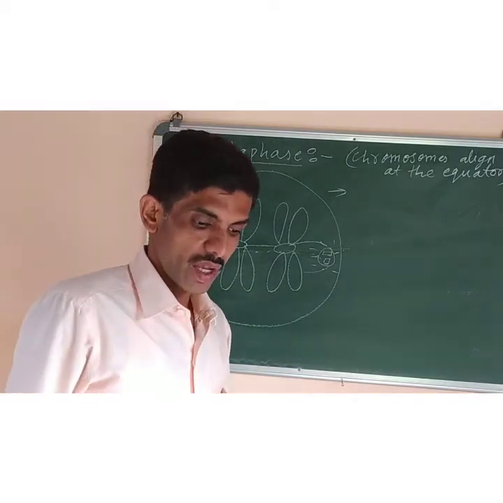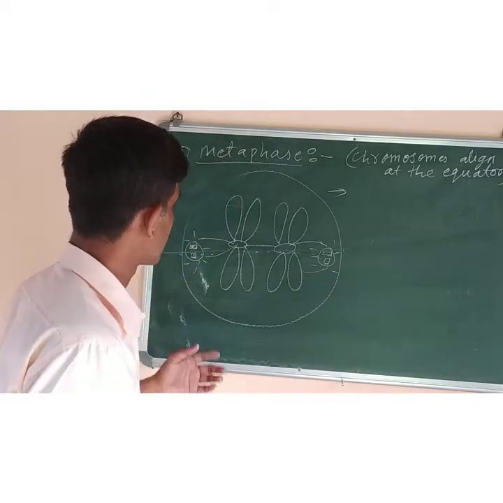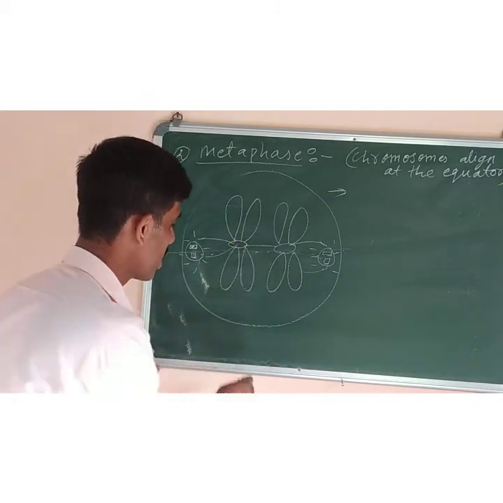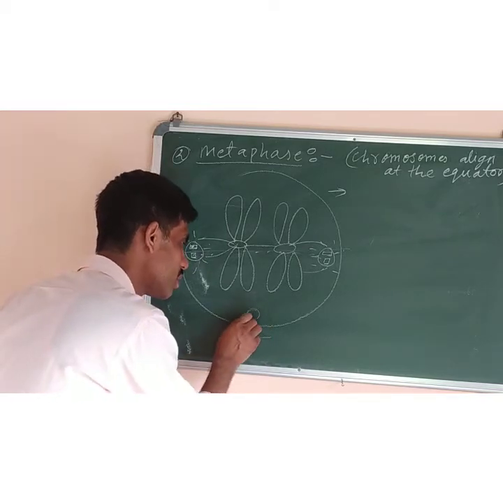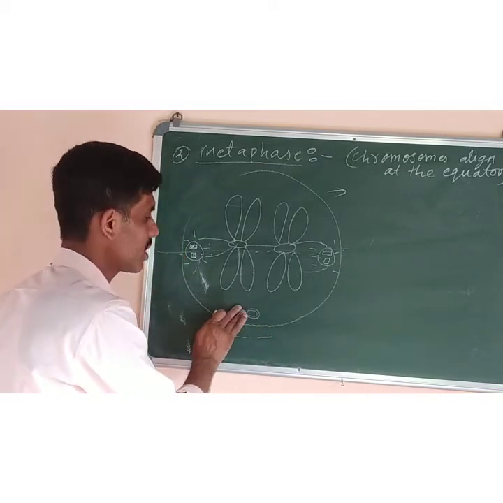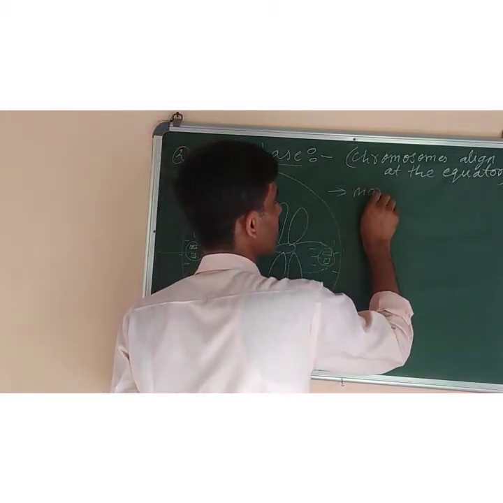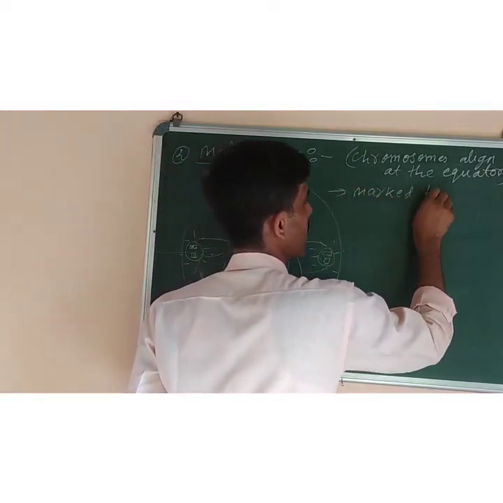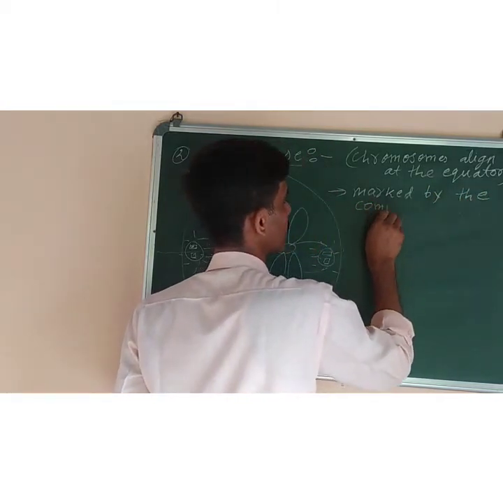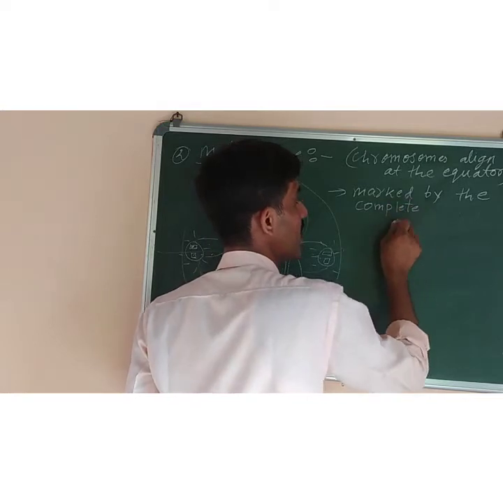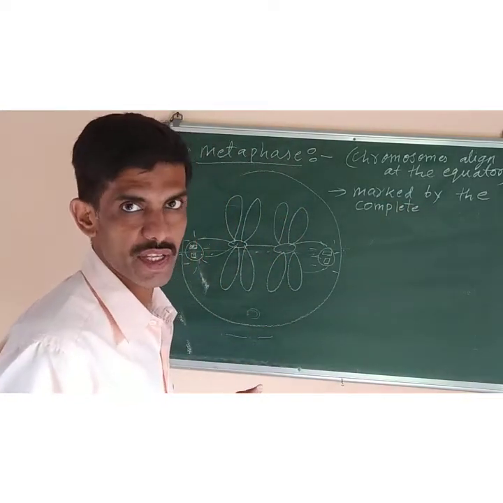Number one, it is marked by complete disappearance of the nuclear membrane and nucleolus. Now you can see there is no membrane. I have not drawn any membrane here. It's missing, already disappeared. And even the nucleolus which was inside the nucleus disappeared. In prophase stage, remember that the nuclear membrane and nucleolus started disappearing.